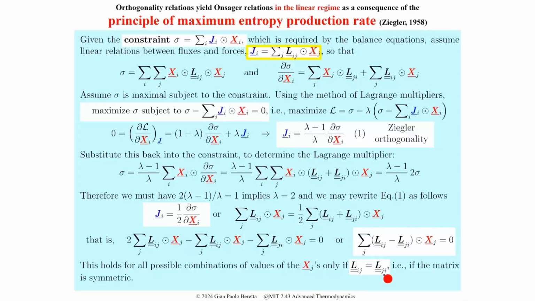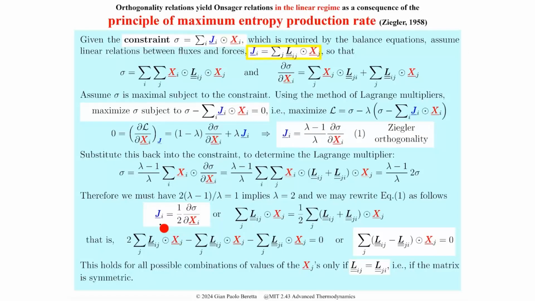And the assumption, in order to obtain this result, is that the entropy production should be maximal, subject to the constraint given by the extrinsic relation. And in passing, we obtained this Ziegler orthogonality relation that we also described graphically in one of the previous lectures.